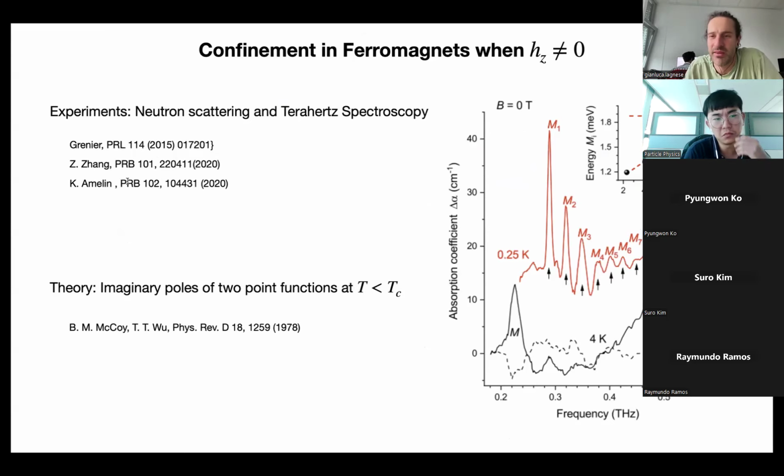Maybe an antiferromagnet. This whole picture works whether you have ferromagnetic or antiferromagnetic order, with up, down, up, down structure. They did this experiment and observed these resonances when you put in the external field. So this is not that exotic.